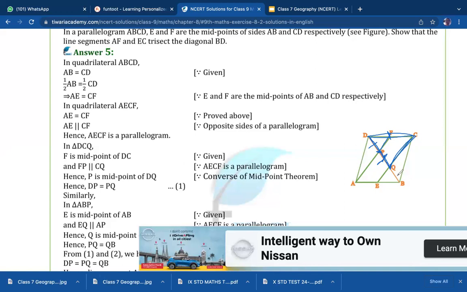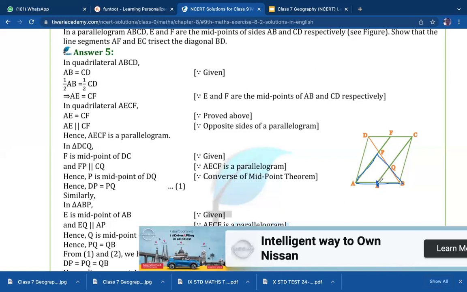Let me take the triangle APB. In this, already AE, E is the midpoint, right?